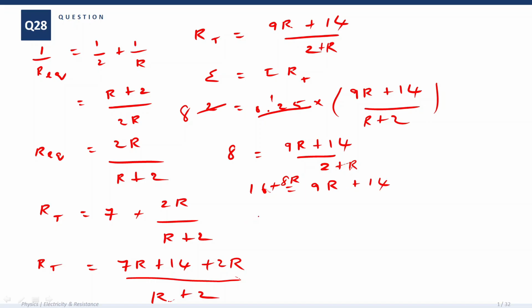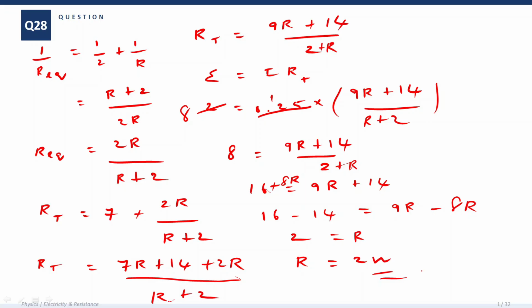Then you will get 16 minus 14 equal to 9R minus 8R. Then 2 equal to R. So finally we found the external resistance in parallel is 2 ohms.